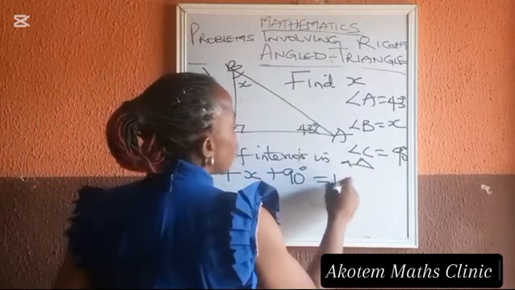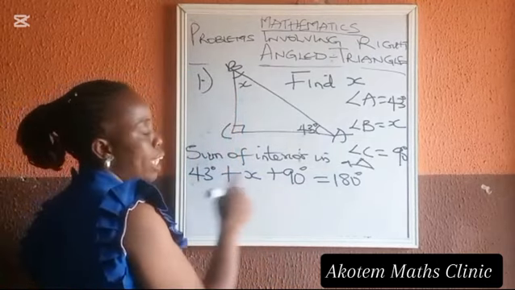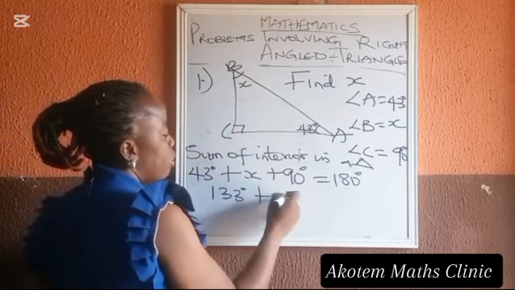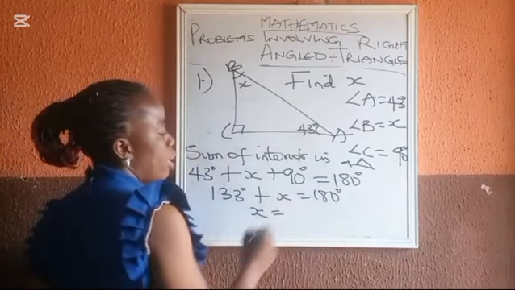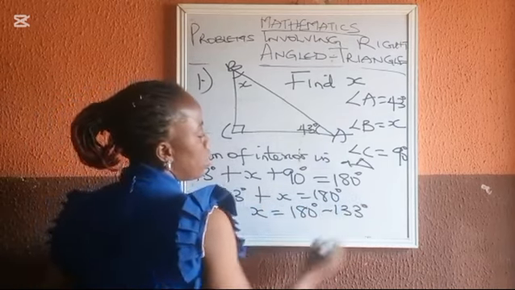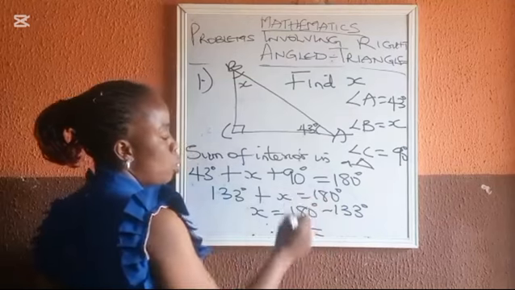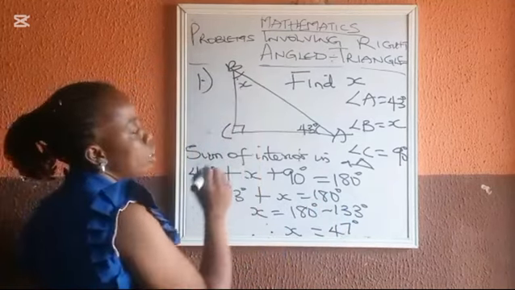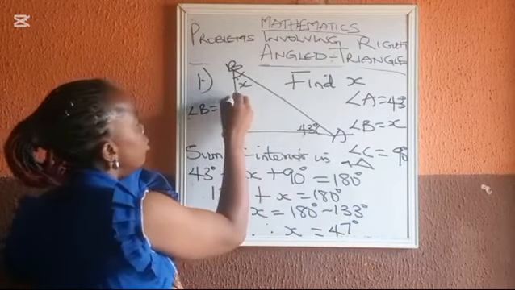All this gives 180 degrees. So I now have 43 plus 90, that gives 133, plus S equals 180 degrees. Now from here, S is equal to 180 degrees minus 133 degrees. Therefore, S is 47 degrees. Therefore, angle B is equal to 47 degrees.